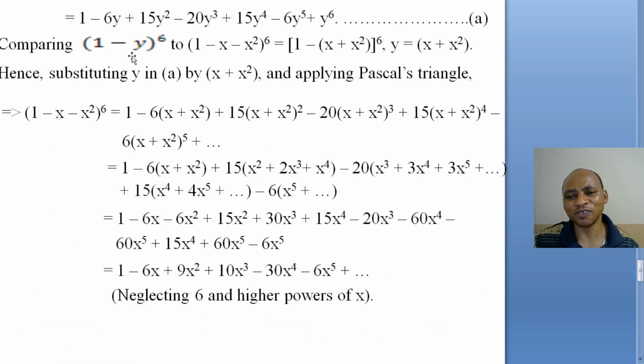Then in simplified form, we will finally get 1 minus 6y plus 15y squared minus 20y cubed plus 15y raised to the power 4 minus 6y raised to the power 5 plus y raised to the power 6.